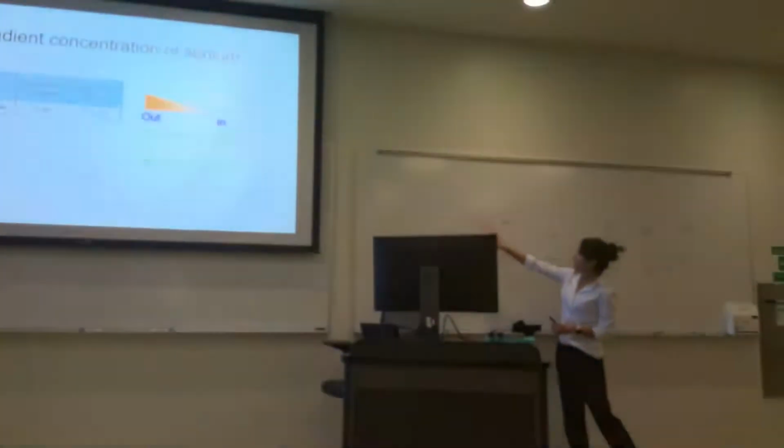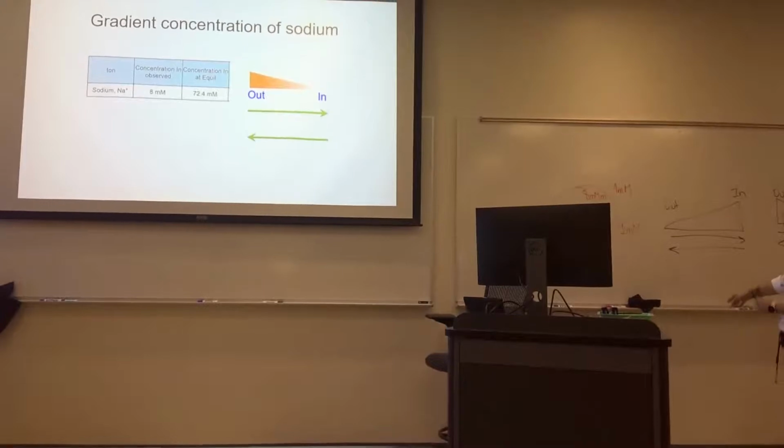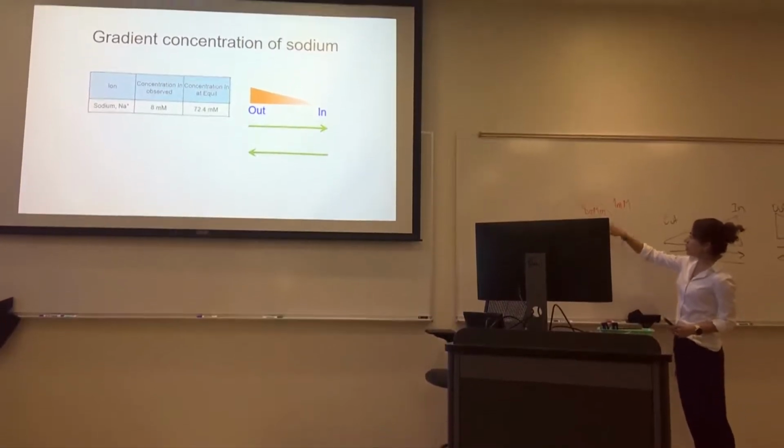So let's say now we have this. Basically, if this was an equilibrium, we would expect this to be 72, but it's not 72, it's 8, right? You should have 72, but you have 8.